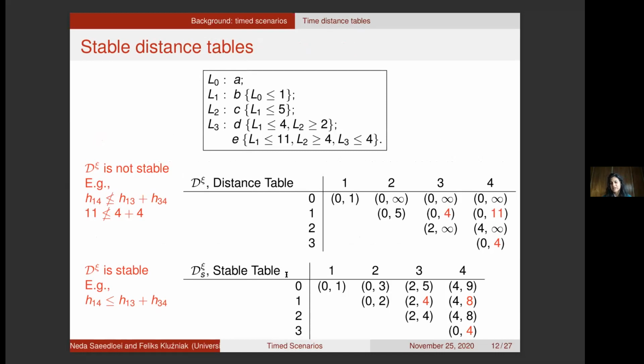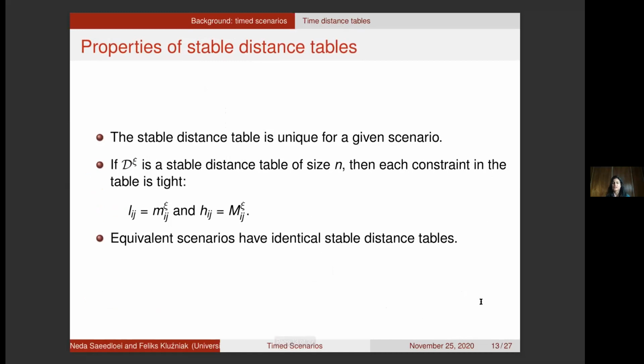Let's consider row 1, column 4, which includes the pair 4 and 8. That represents 2 constraints. That means that the time distance between event 1 and 4 is at least 4 units of time and at most 8 units of time. So the second bullet point says that all the constraints represented by a stable distance table are tight. And finally, if 2 scenarios are equivalent, then they are going to have identical stable distance tables.